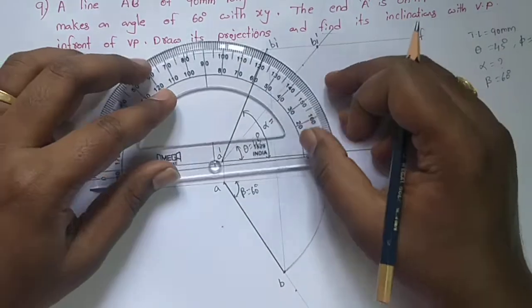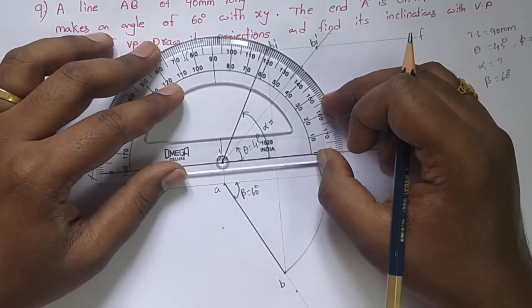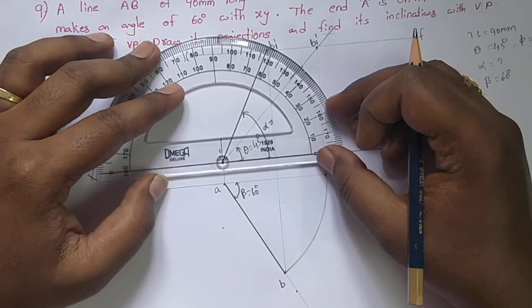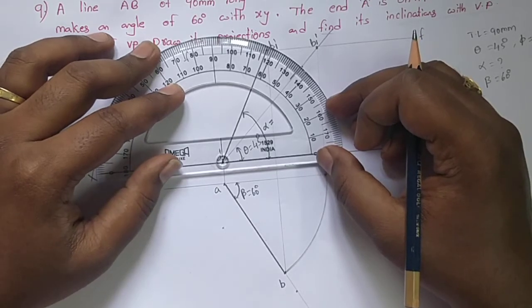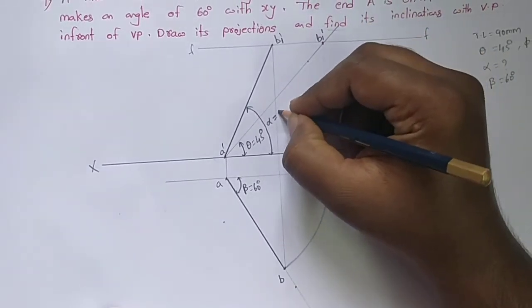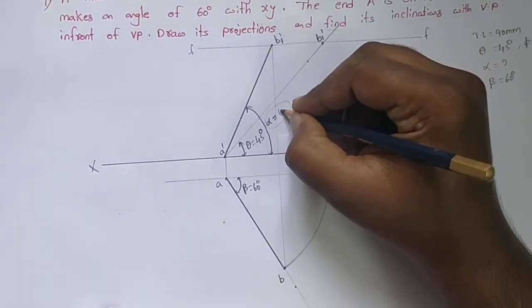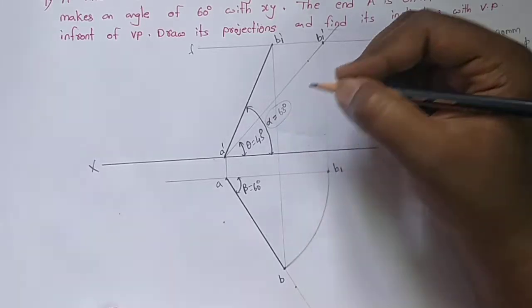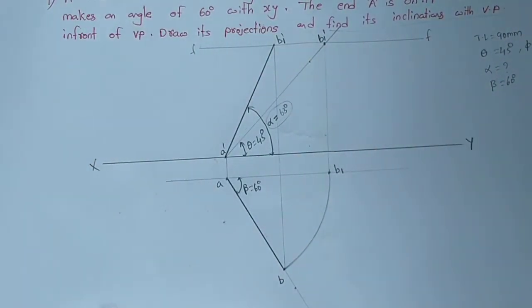You need to measure this inclination: 61, 62, 63. I got 63 degrees. We found this angle; it is the alpha, the angle between the front view and the horizontal plane.